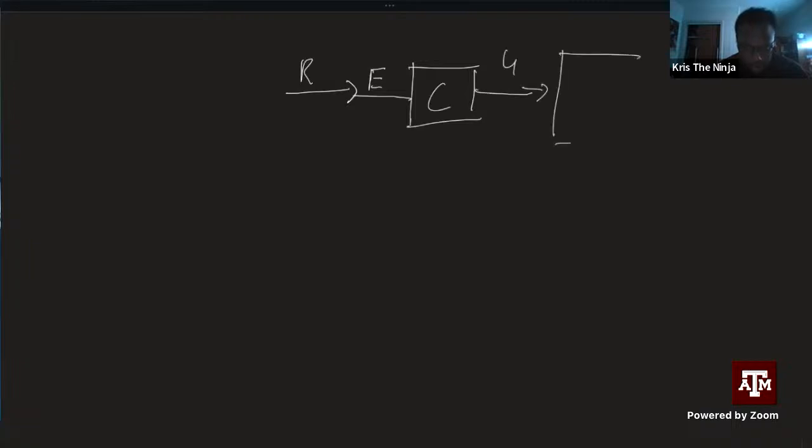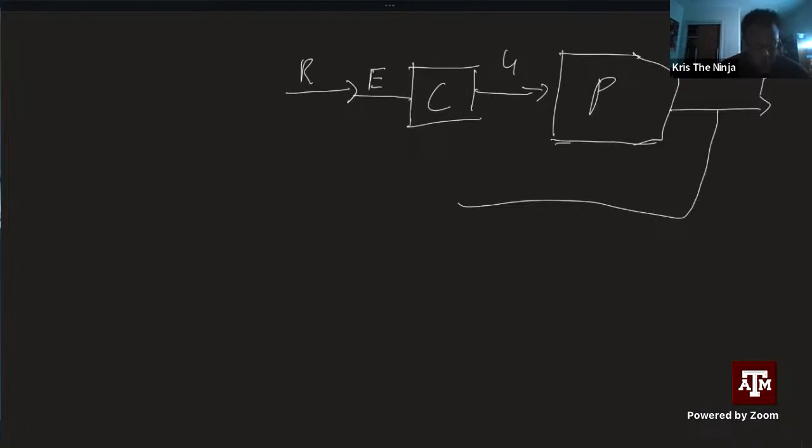So let's say we have an R with an E. That's an ugly E. So we have an R with an E that goes into a controller, C, that goes as input to the physical system, the plant, and that has a Y, and that comes back around to this.